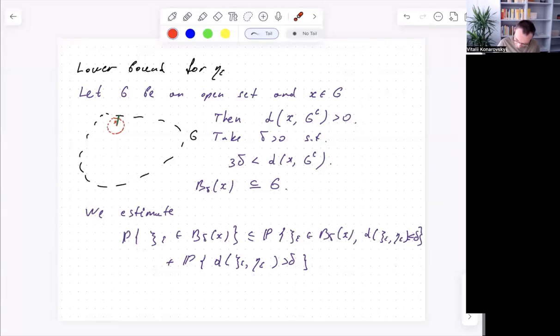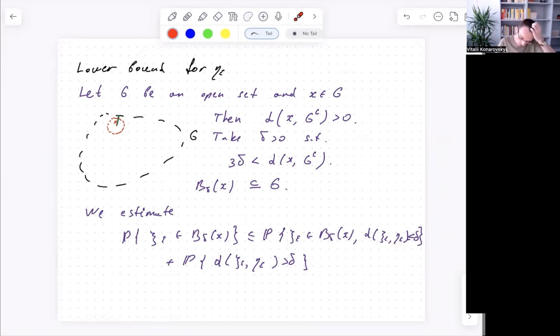When you consider any point psi epsilon from this ball, and eta such that the distance between psi and eta is less or equal than delta, then eta must be in the ball of radius 2 delta.